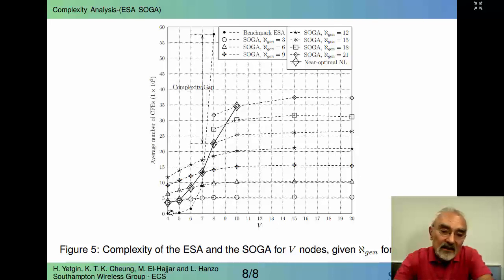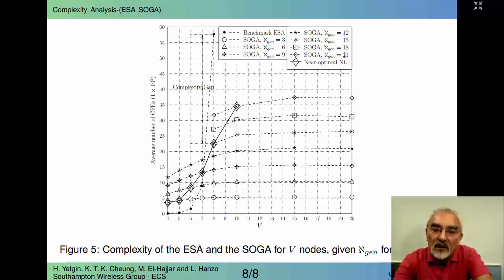It's very clear that the complexity of the exhaustive search algorithm becomes literally exorbitant, and therefore is off scale for more than 8 nodes.